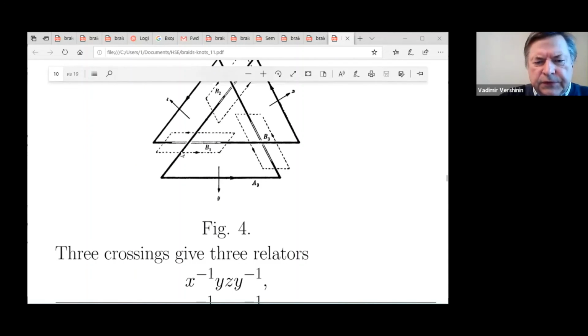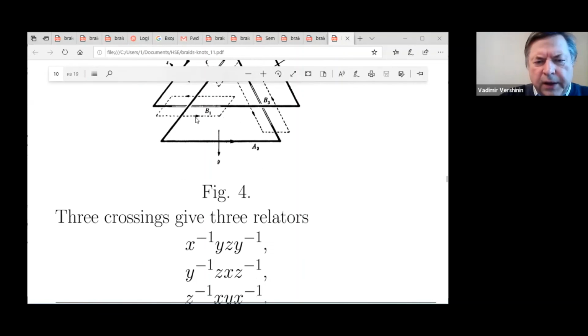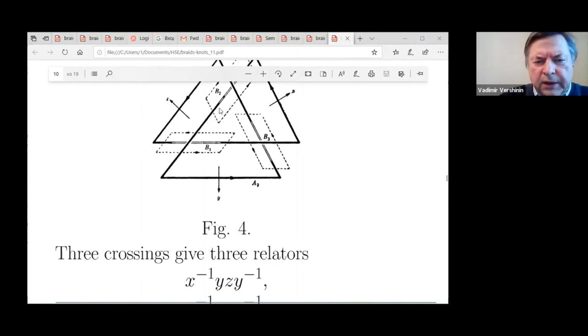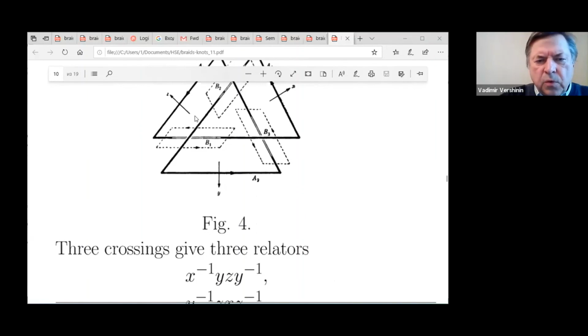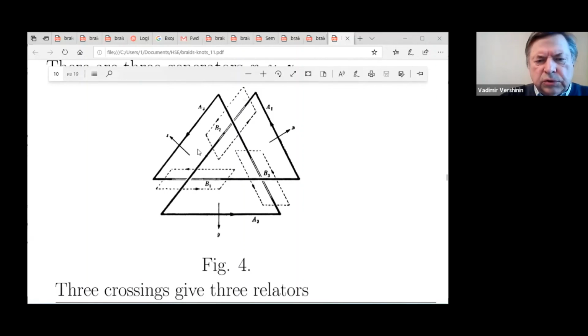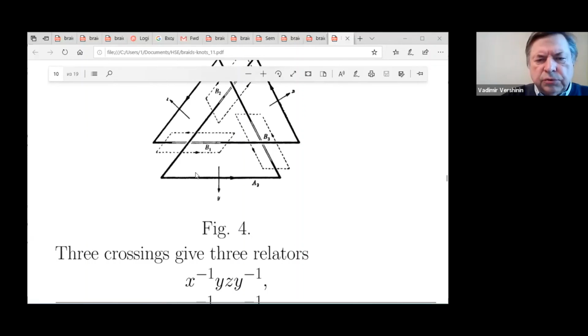Then this is Y, this is the direction of Y. Here, Y goes in this direction, it enters, so it should be plus.